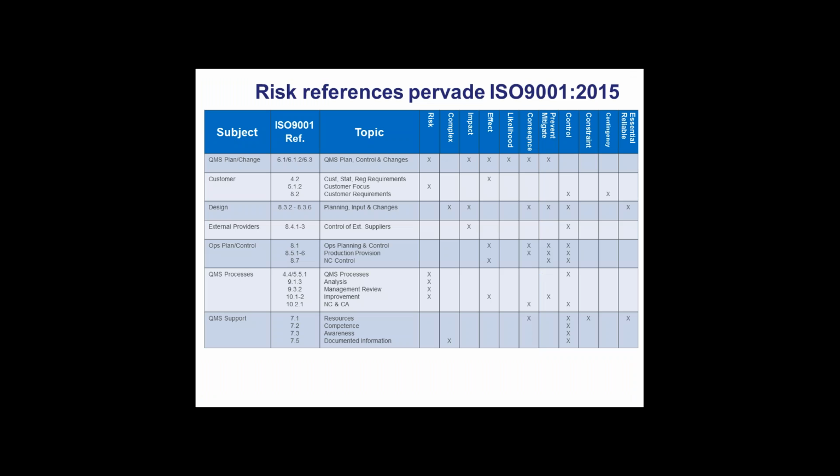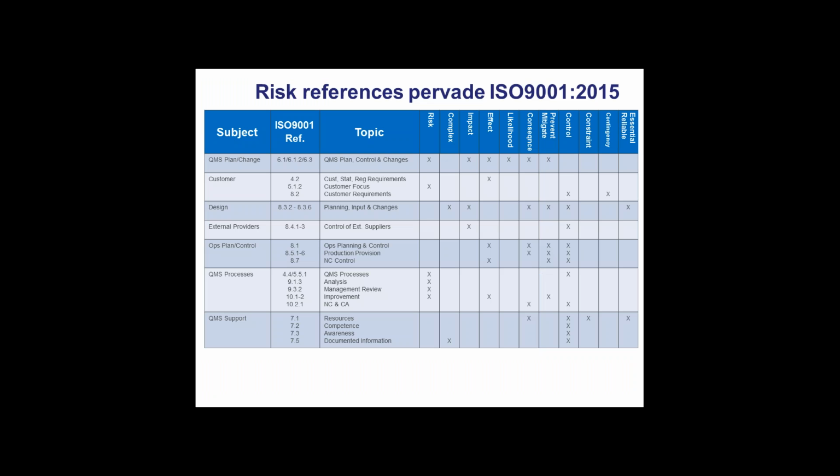Now, I know there's been some anxiety about the risk-based approach, and the 2015 standard does mention risk quite a lot, explicitly mentions risk. This particular table, the matrix that I have here, again, I'm not going to dwell on it.